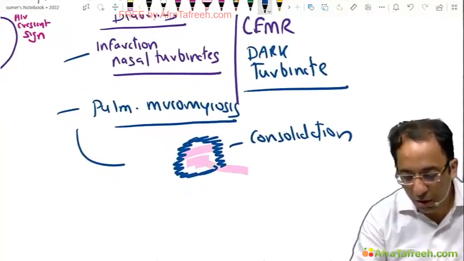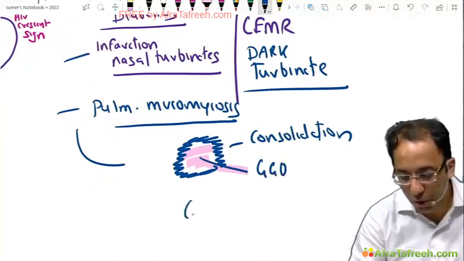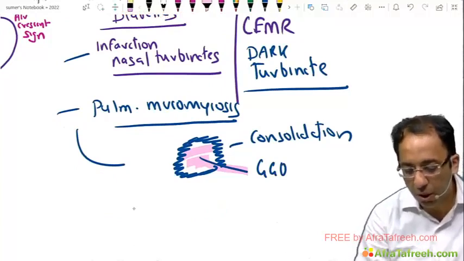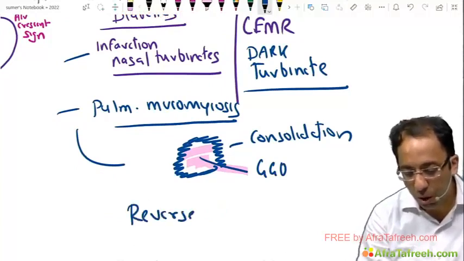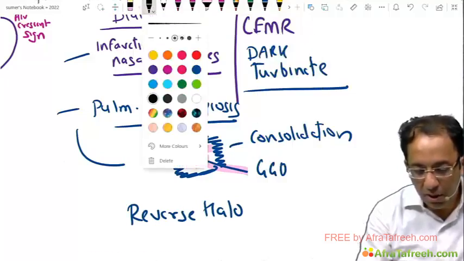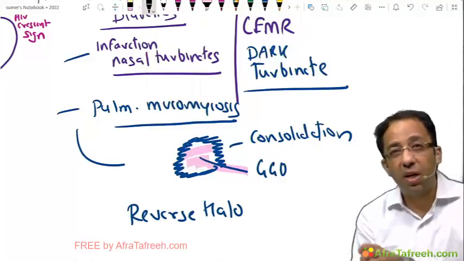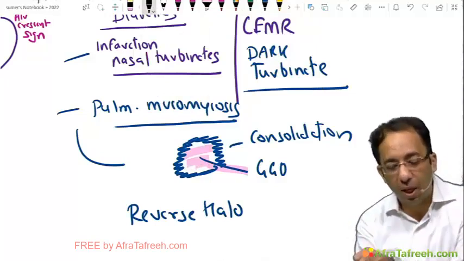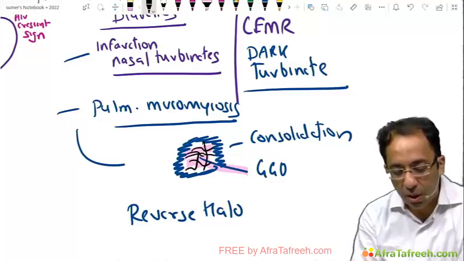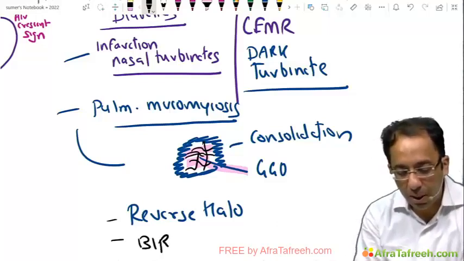So it is actually the reverse of what we see in aspergillosis. We see central ground glass, peripheral consolidation, like a reverse halo. And in this reverse halo, because of the fungus causing damage to the parenchyma, you will see some lines inside like this. All this is called bird's nest appearance.